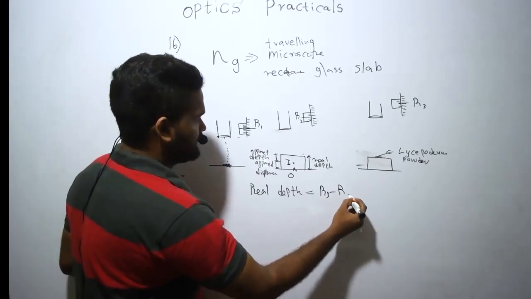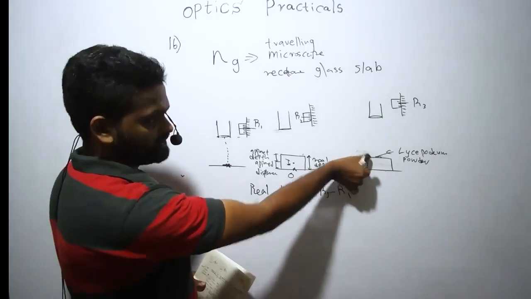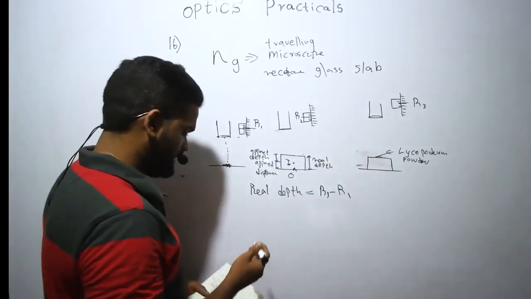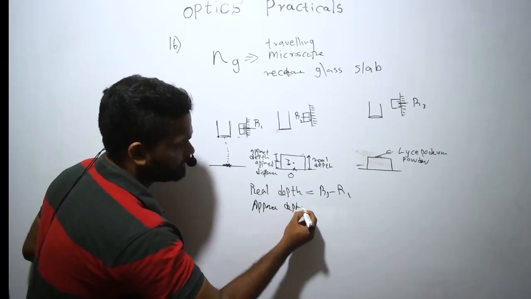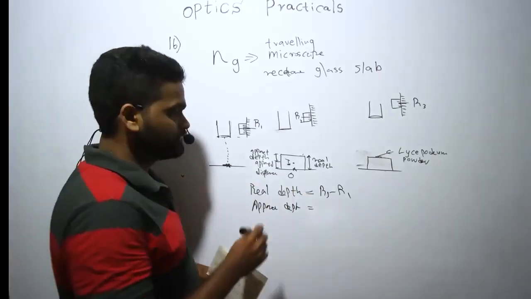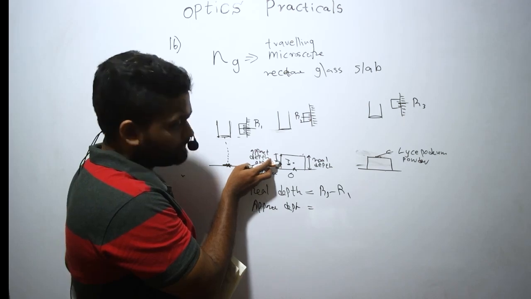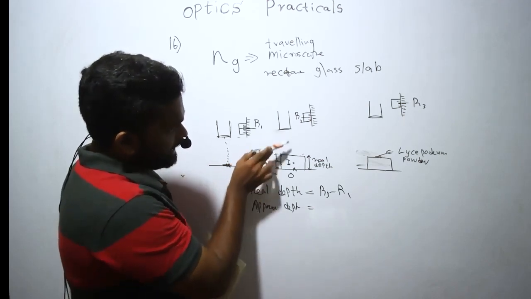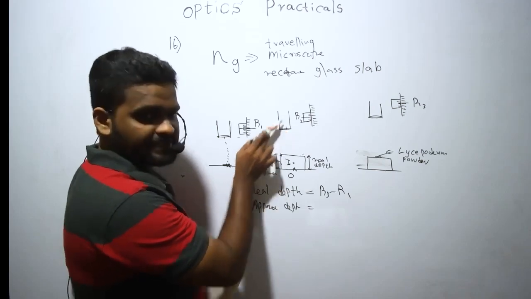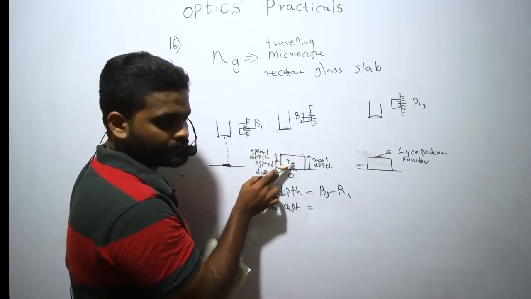If you don't understand, let me know. R3 minus R1 is the real depth, or the thickness of the glass. Then we need the apparent depth. So what is the apparent depth? This much is the apparent depth. How do we find that? Here, the microscope is focused to the image.